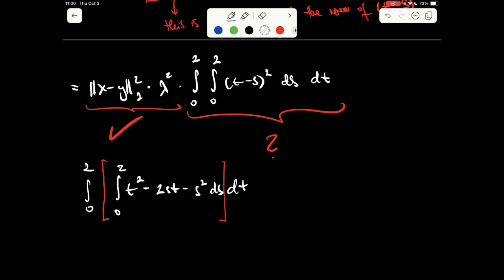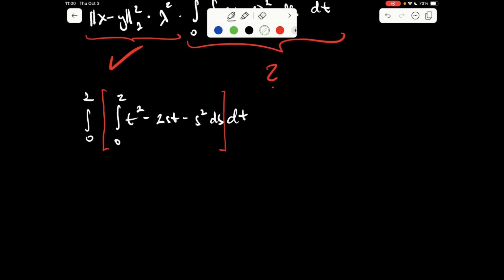And we integrate this expression with respect to s. According to the inside integral, after a few steps, which we skip now, we have this guy.